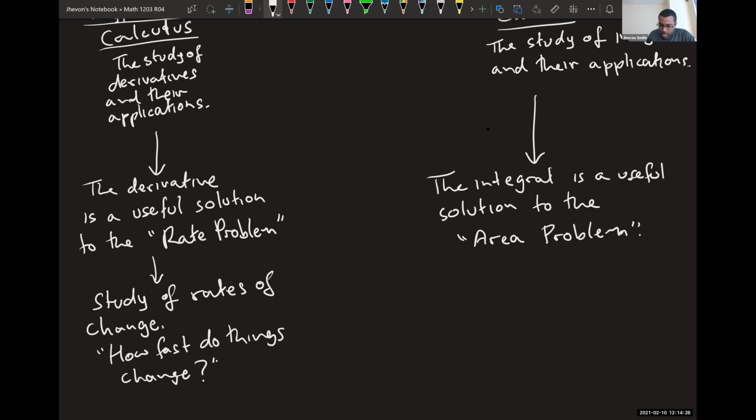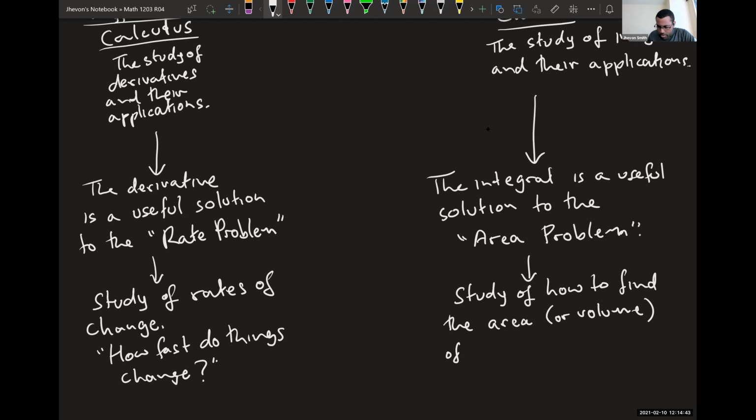So this is the study of how to find the area or volume of oddly shaped objects.